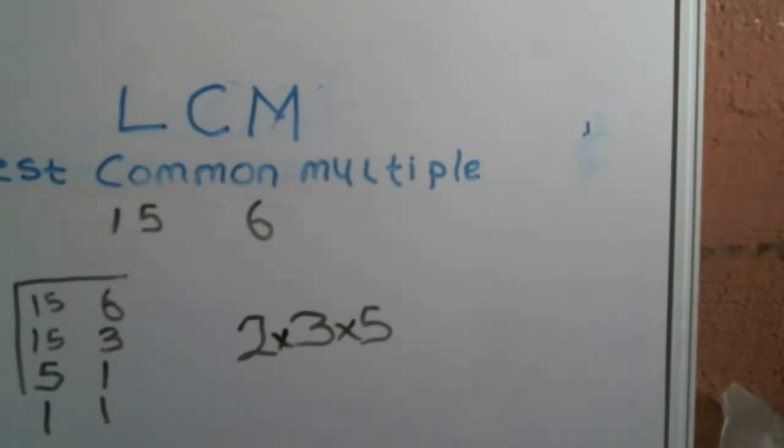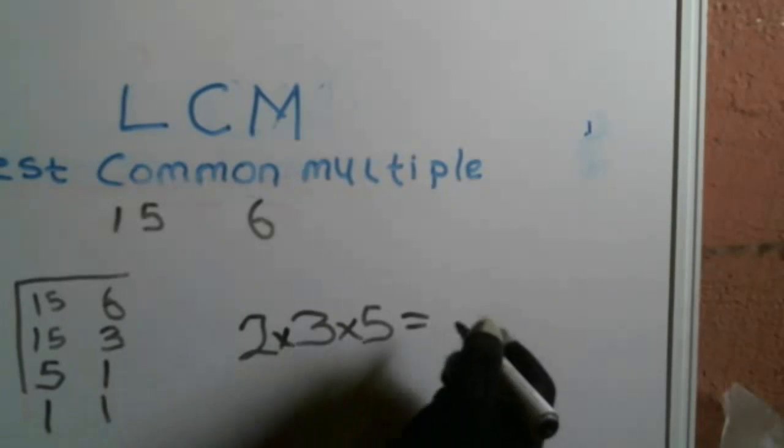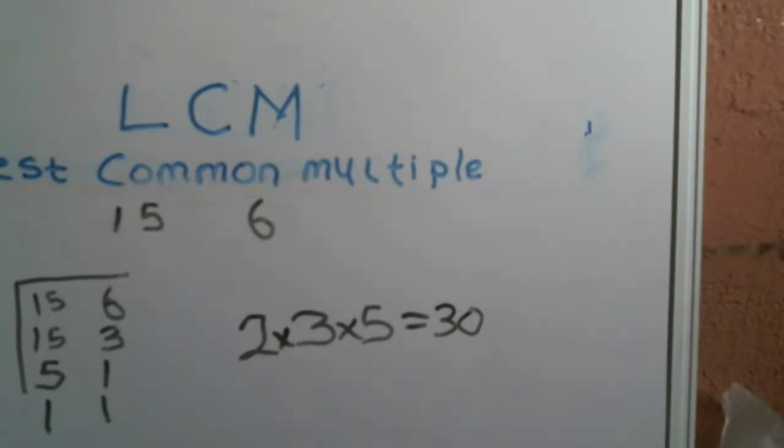So 2 times 3 should give us 6. 6 times 5 should give us 30. So the LCM of 15 and 6 is 30.